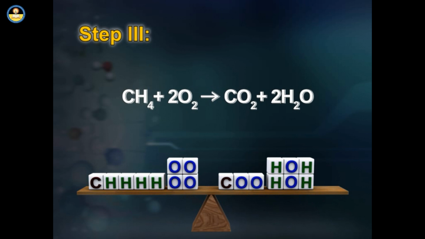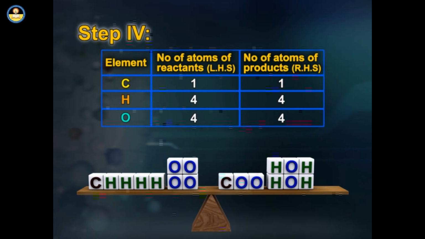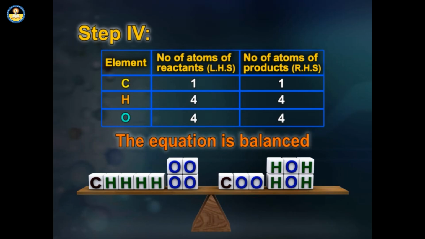The equation may be written as CH4 reacts with 2O2 to give CO2 plus 2H2O. Step 4. On final inspection, number of atoms of all the elements on both the sides of the equation are equal. Therefore, the equation is balanced.